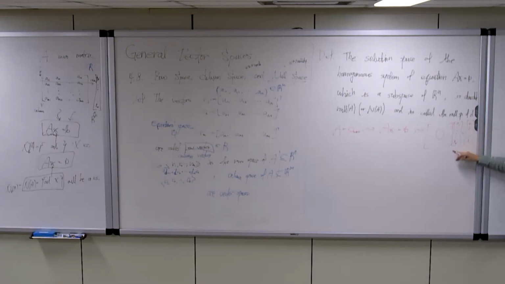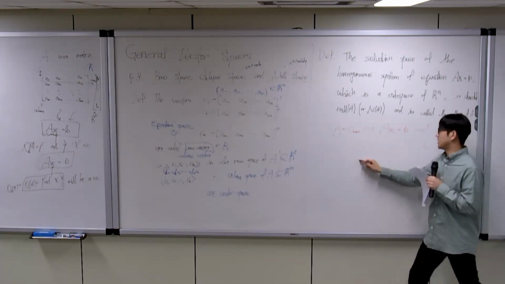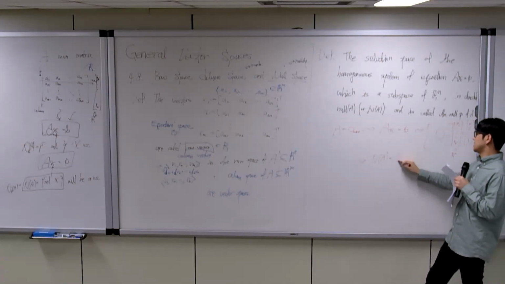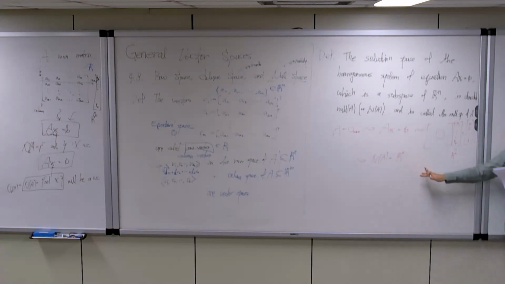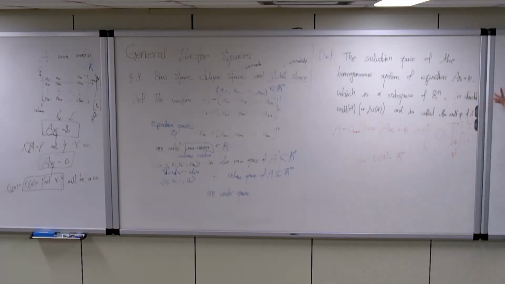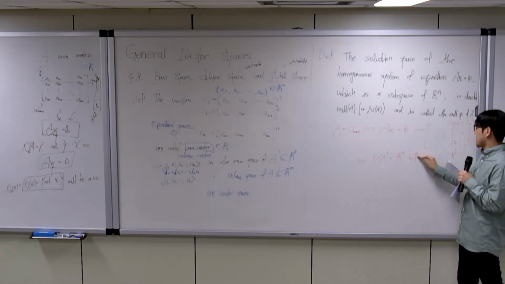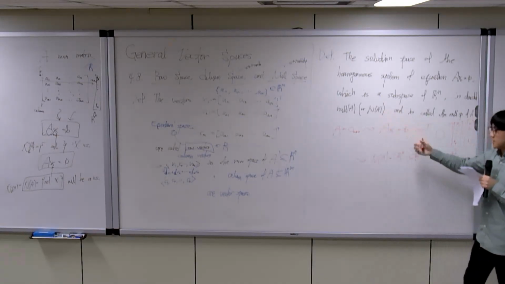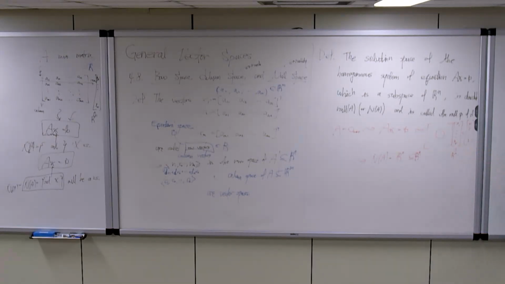And if you bring any vectors in R to the n, it will satisfy this equation, right? This linear system. Then, if you gather all solutions, it is just the same as R to the n. So it can also be a subspace in R to the n, and you can find the null space even if the matrix is the 0 matrix.